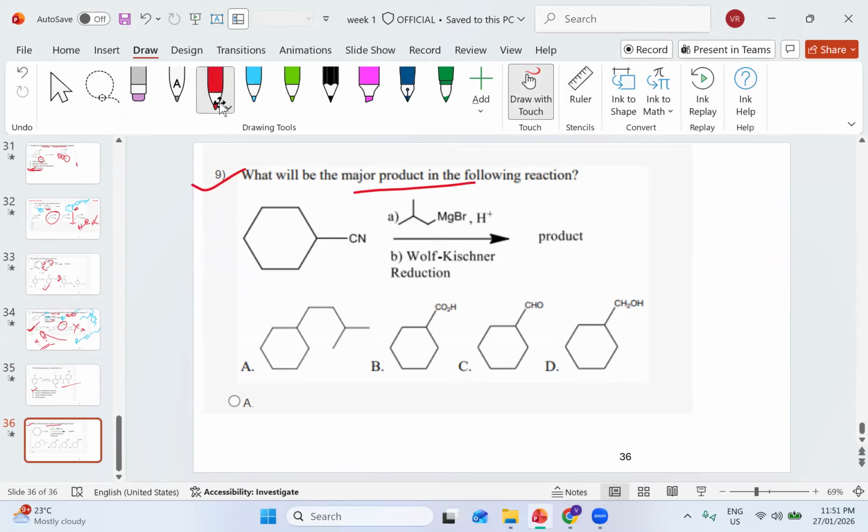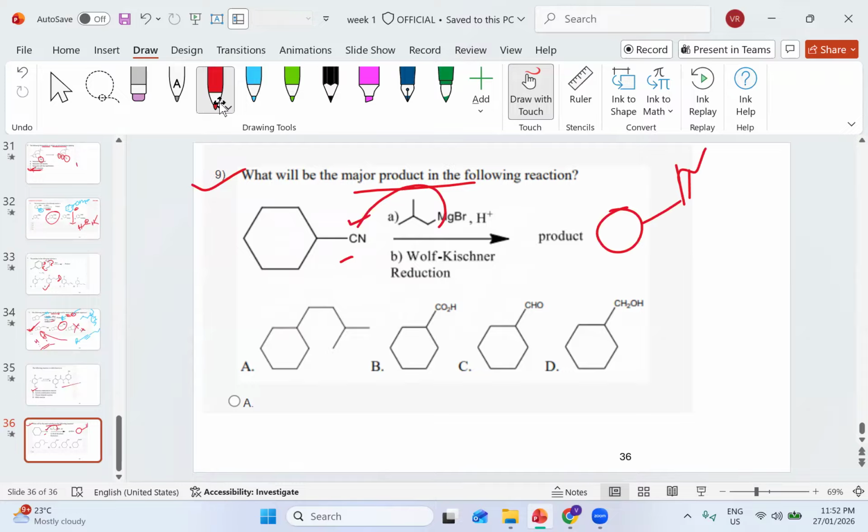What will be the major product? We have the cyano compound as starting material, then the Grignard reagent, and then the acidic workup. If you do the addition of this magnesium bromide, it will add on the nitrogen. So this will be the cyclohexyl. I will just draw it here.